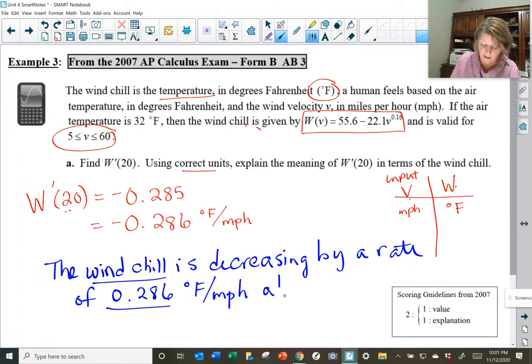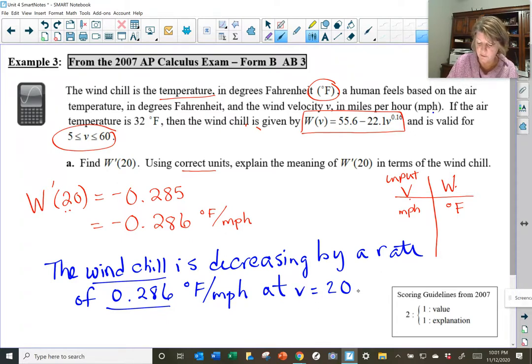And then when did this calculation occur? At t equals 20, and I believe that was in hours at 20. No, it was miles per hour. And it was actually V, wasn't it? Velocity.